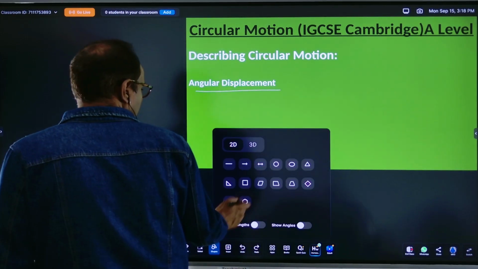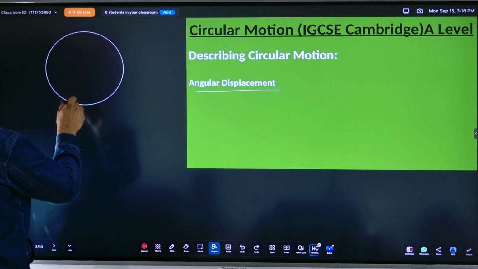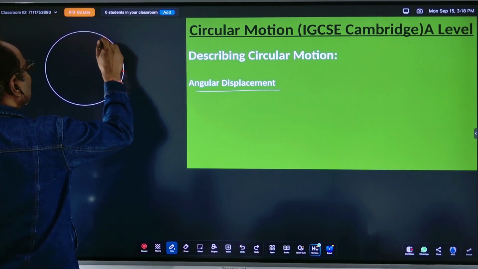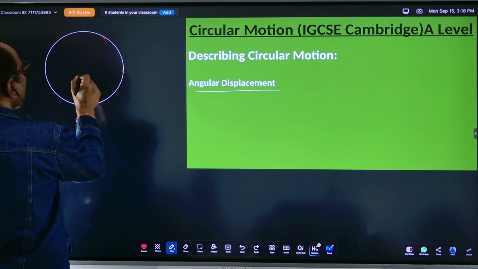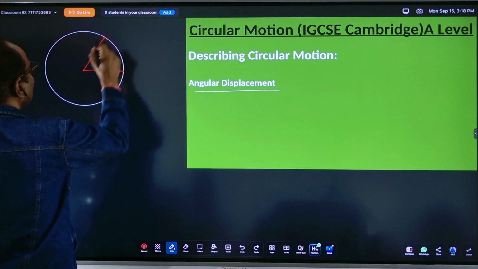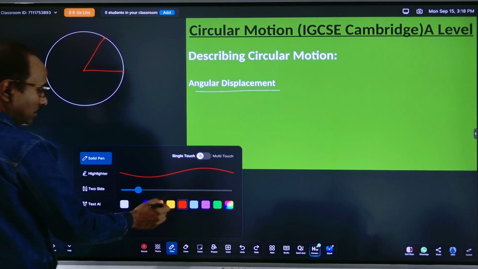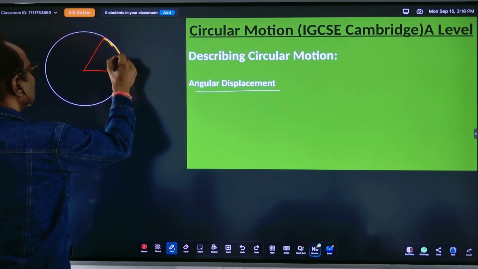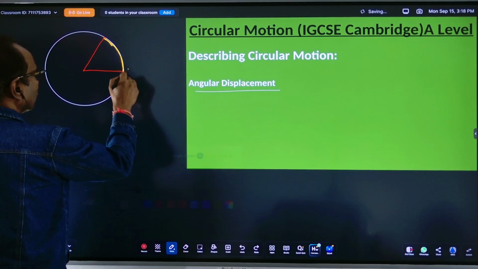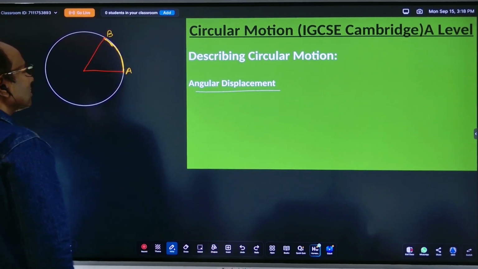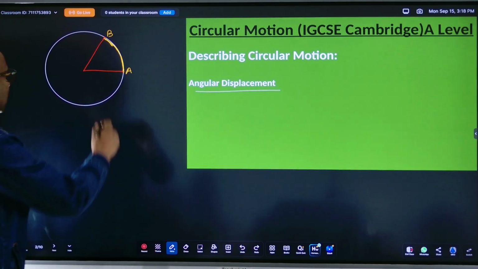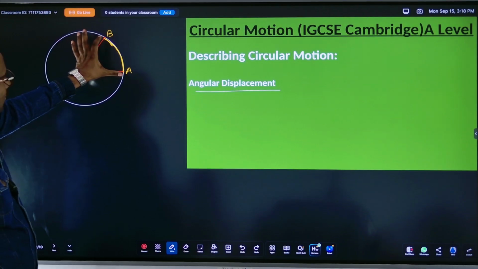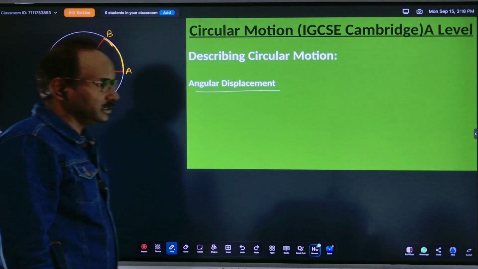Like if a particle moves from here to here, this is the center, on the circular arc from A to B, the angle which it subtends or makes at the center is called the angular displacement.